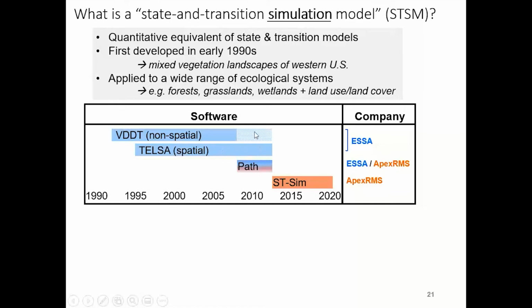And we set out, Leonardo and I, when we came in, to develop a new software platform. It had a name at first, Path, that we changed to STSim. And this really got released in 2013. Again, I started working on my own around the time of the start of this, 2007. So this is a second generation of these software products. These don't get used anymore. STSim is the only thing that I know of that really does this kind of stuff at the moment.